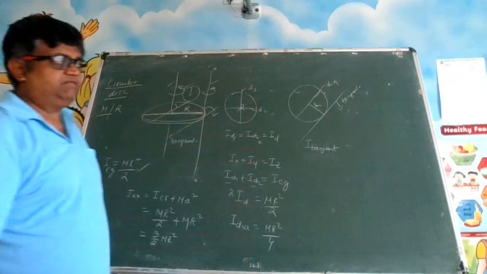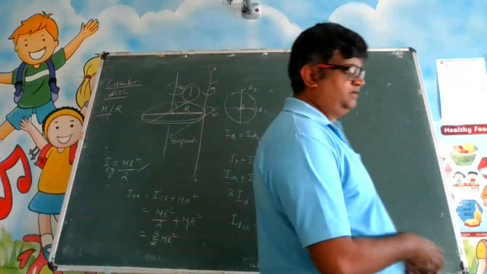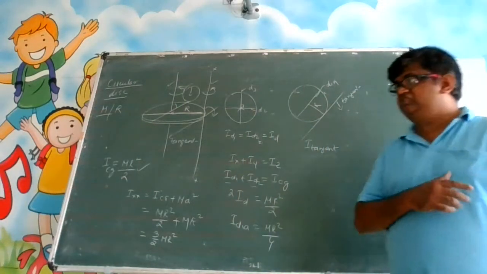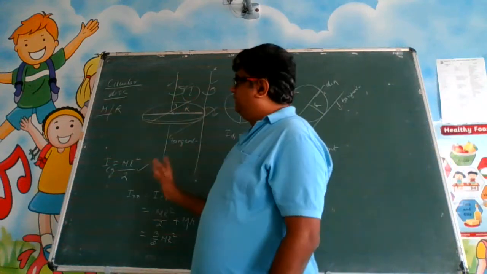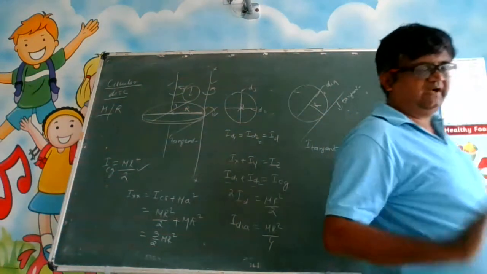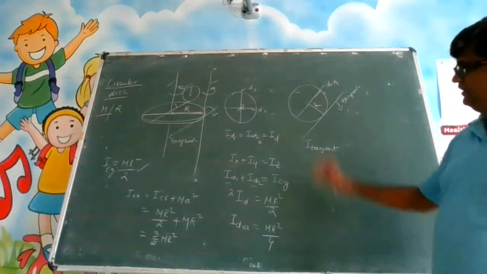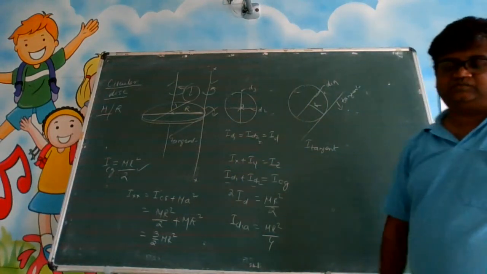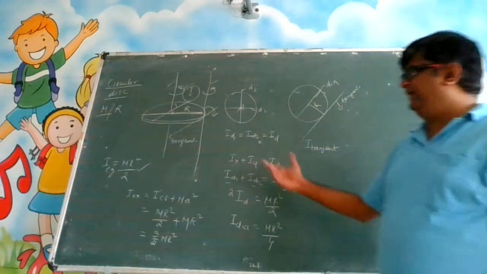See students, whenever we talk about moment of inertia, we should not remember just some random value. We should know about which axis we know the value. Most of the cases we know the moment of inertia about the CG axis. That is enough. If you know the value about the CG axis, you can find about any other axis using either the perpendicular axis theorem or the parallel axis theorem.